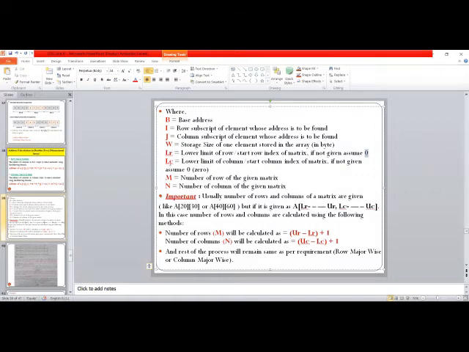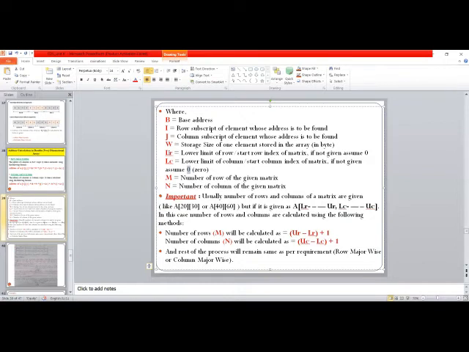Now here LC is lower limit of column. Now here this terminology is added in case of two-dimensional array. So LC means what? It is the starting column index of your matrix. If this is not given, still you have to consider as 0, right?